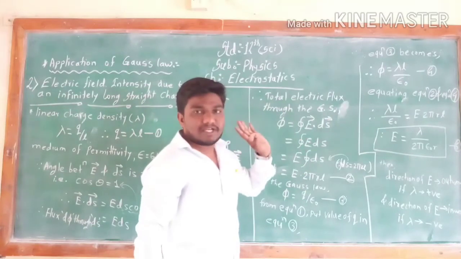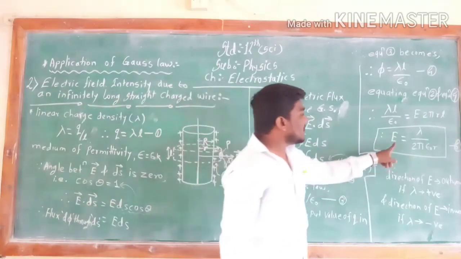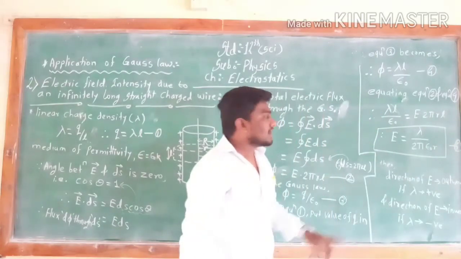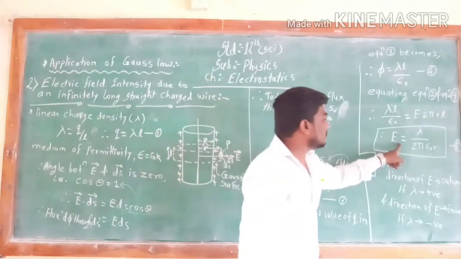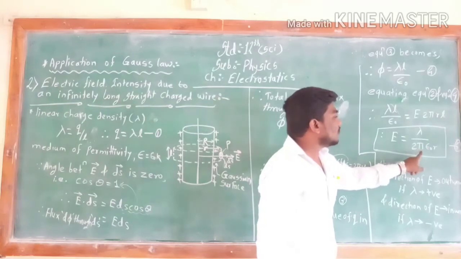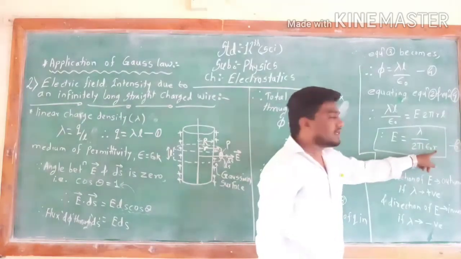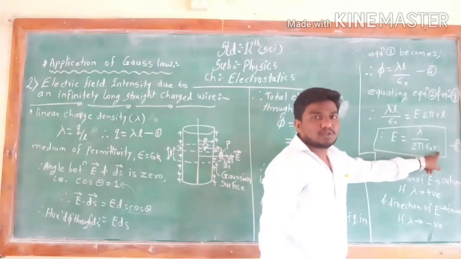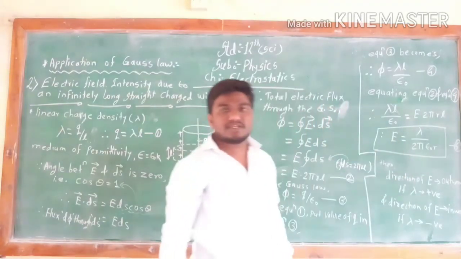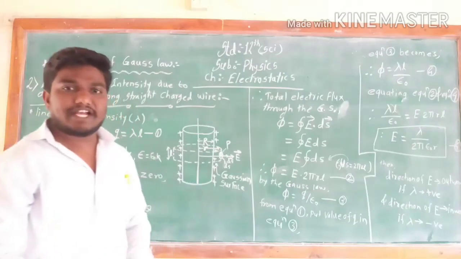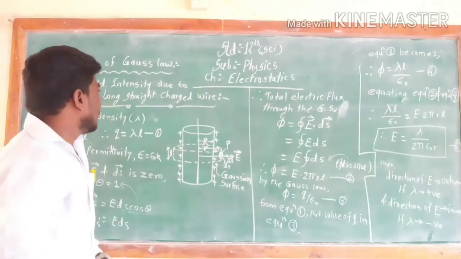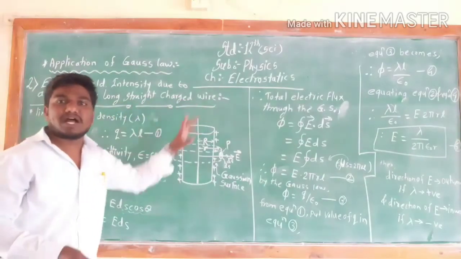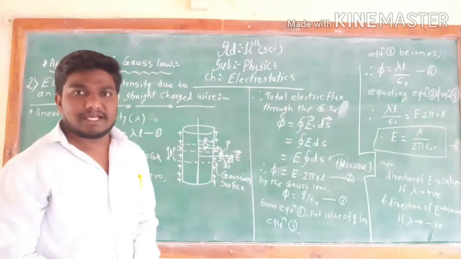L gets cancelled, and we get the value of E is equal to lambda upon 2 pi epsilon naught r. This is the equation of electric field intensity due to an infinitely long straight charged wire or cylinder.